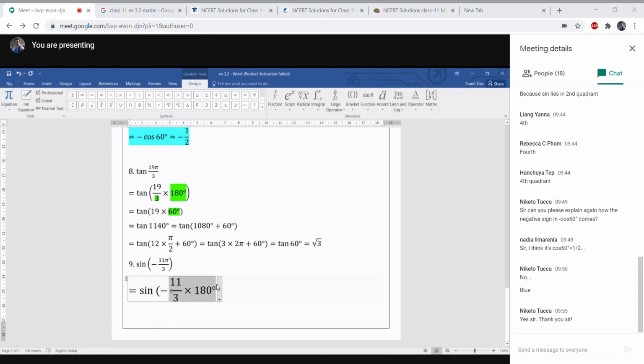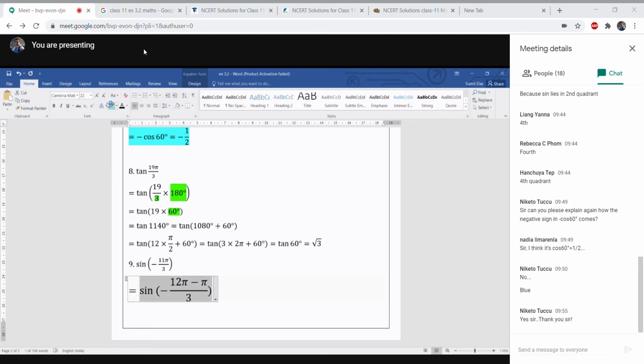11 pi is there, so I can write 12 pi minus pi, divided by 3. Yes, right. 11 equals 12 minus 1, so it is 11 pi.